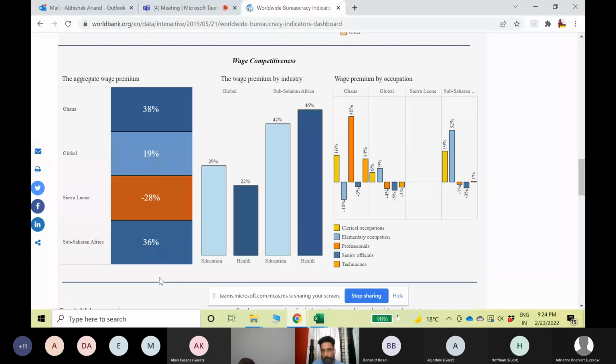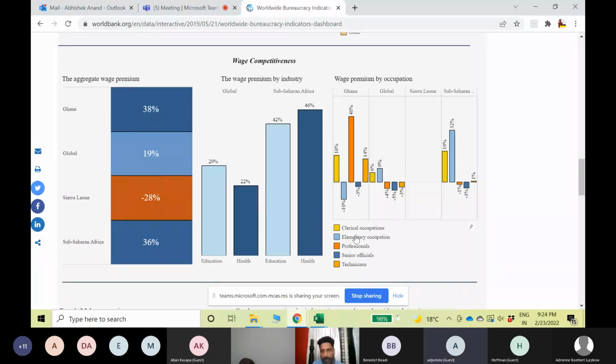So for example, here we compare, on average, the pay that people whose work tends to be clerical in nature get, relative to similar work in the private sector. Here you see that in the public sector, you get a higher wage, 16%. For professionals, which is basically mid-level in terms of seniority, you get pretty high, 40%.